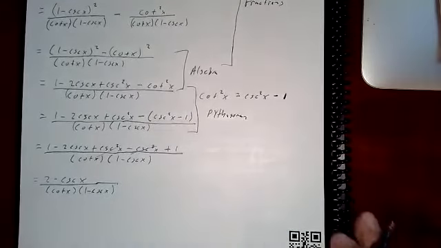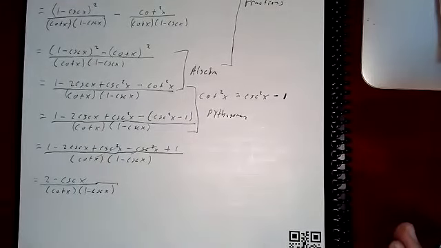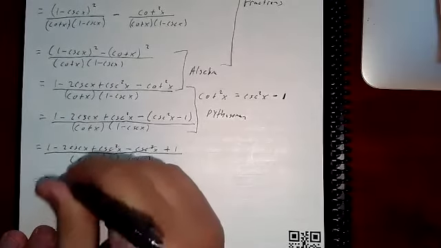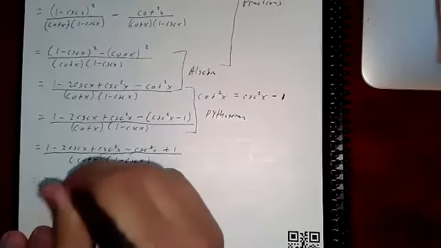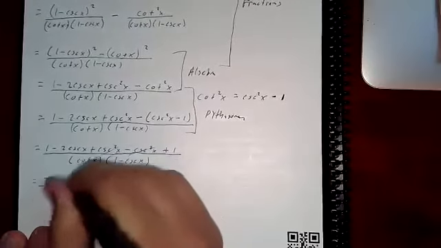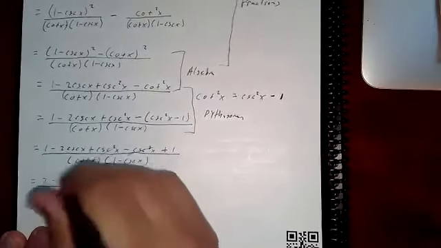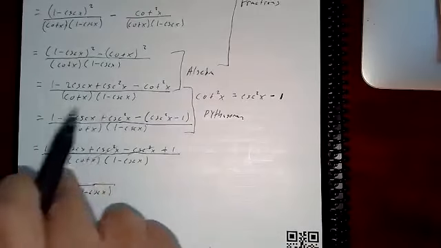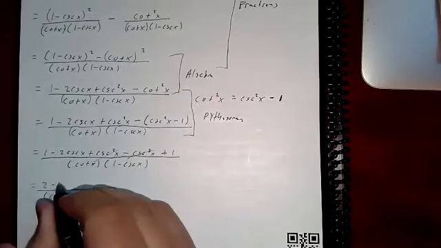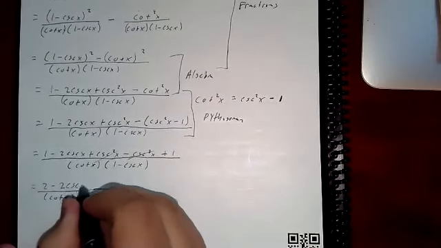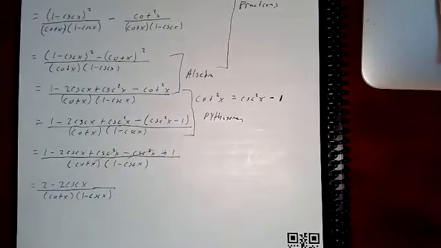I hope. So once you get here, oh, that was a 2 on there, wasn't there? Okay. Minus 2 cosecant x. There you go. All right.